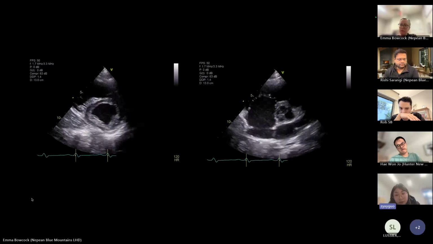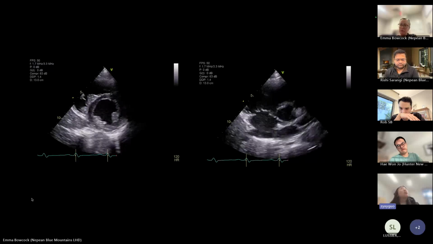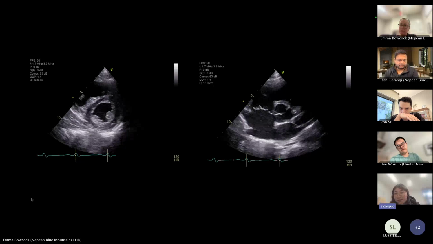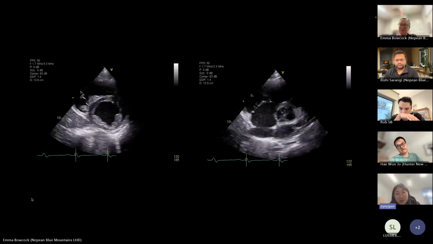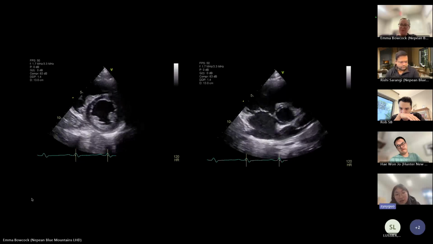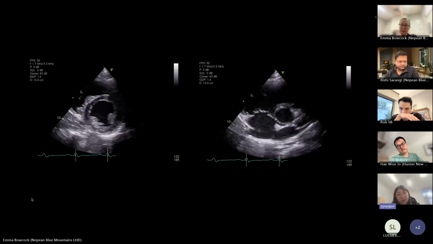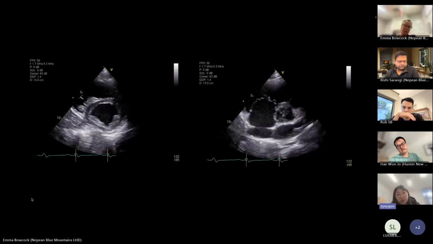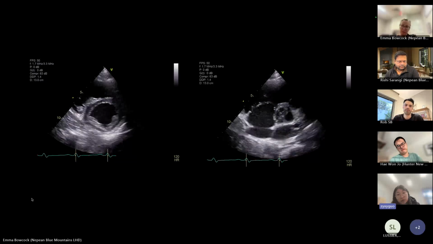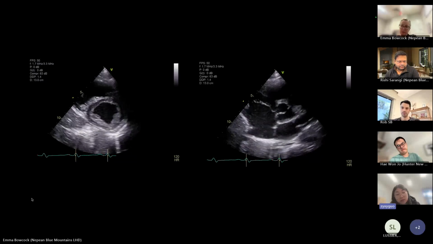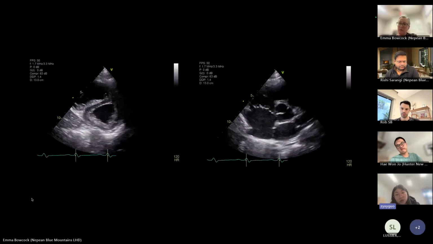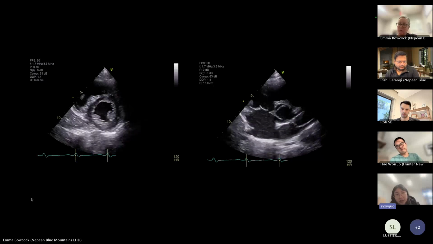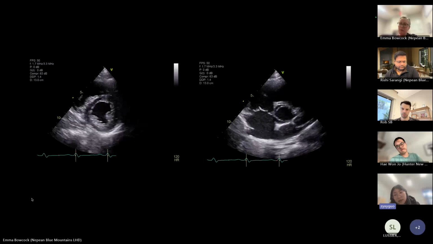In the wraparound view, there's a dilated right ventricle, dilated right atrium. The tricuspid valve appears to be structurally normal, but I'd be worried about some functional TR here given the coaptation distance.